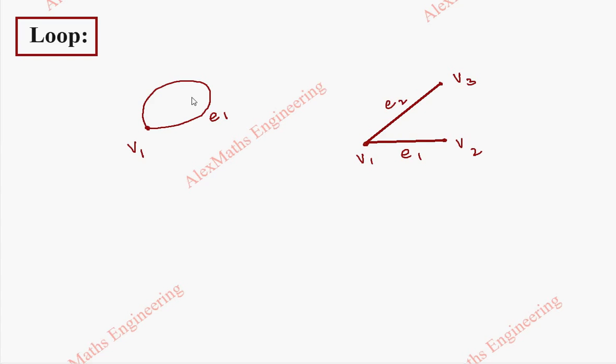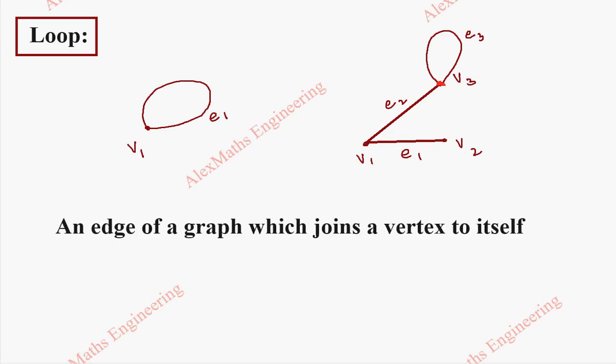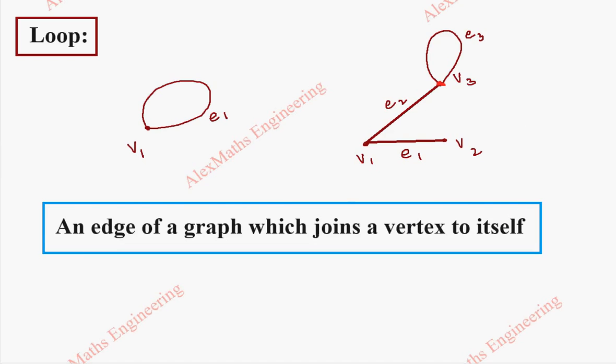But there is another edge which has the starting and ending vertex as V3 only. This is edge 3. So this is called a loop. We can see here E1 and E2 are connected with two vertices, but the edge E3 is connected with only one vertex. So a loop is an edge of a graph which joins a vertex to itself. It means it is connected with only one vertex.